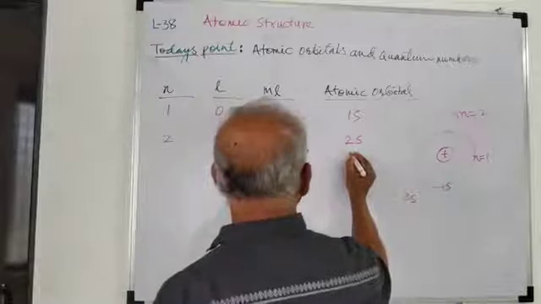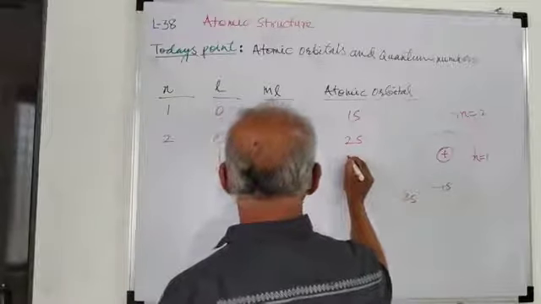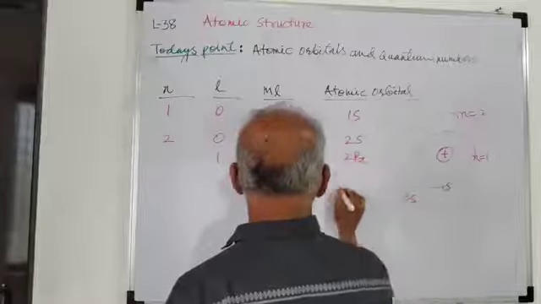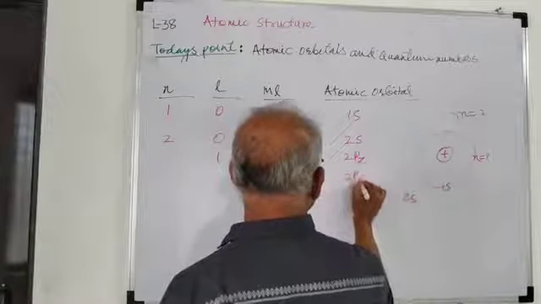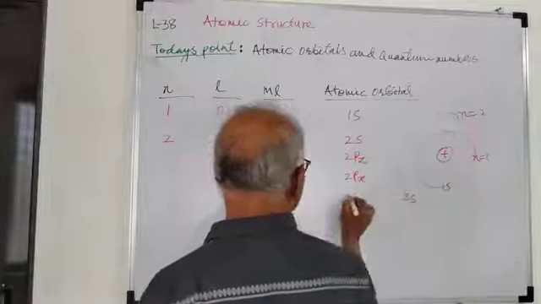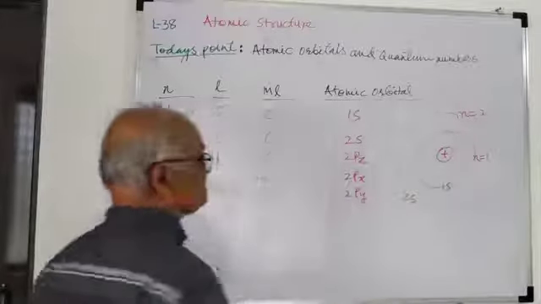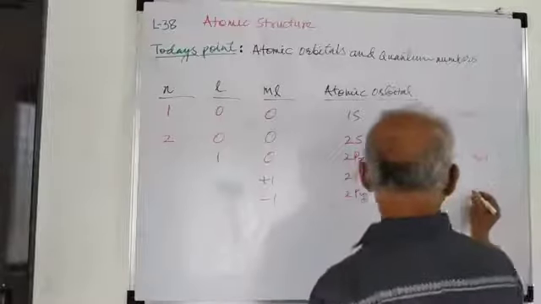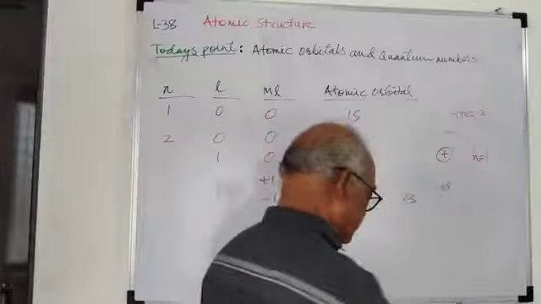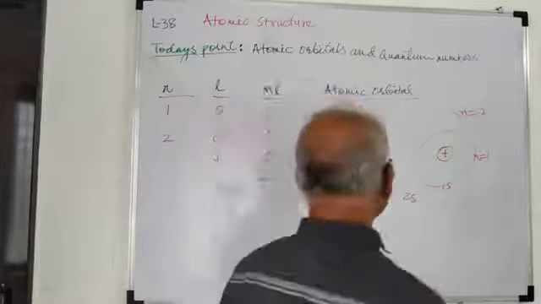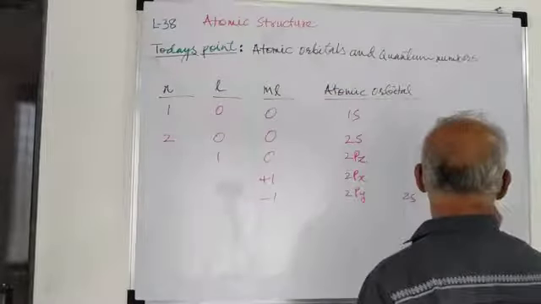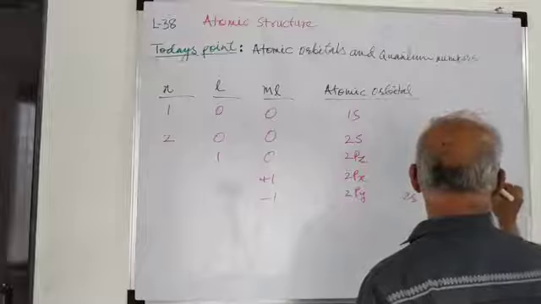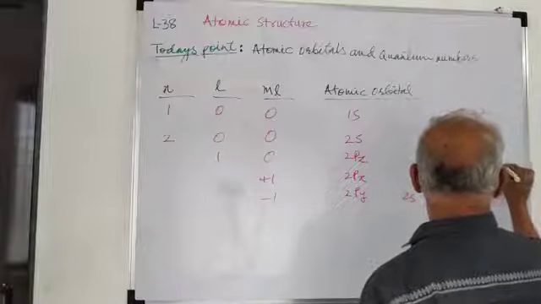Then it will have the atomic orbitals 2pz, then 2px and 2py. So this second main shell will have another set of orbitals called 2p orbitals: 2pz, 2px and 2py.